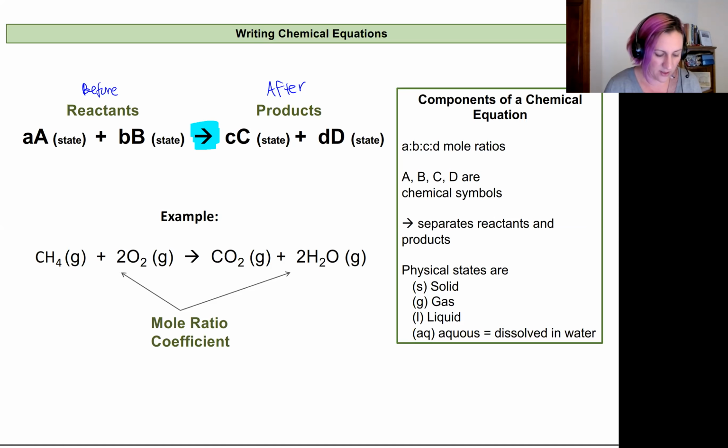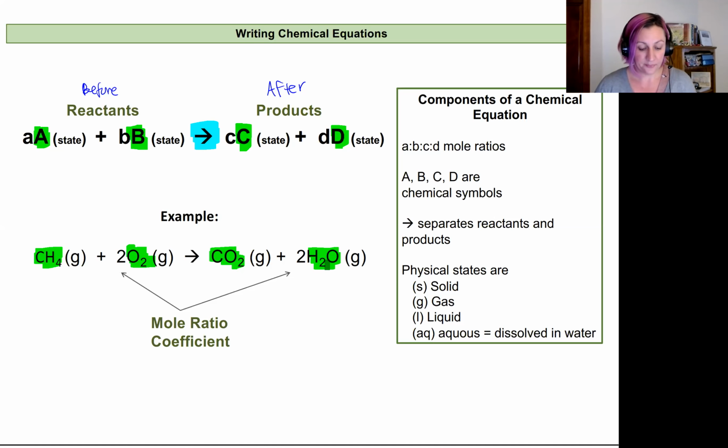And so here, the chemical formulas that I'm using as variables are A, B, C, and D. And now these might be interpreted later on as something like what we have in our example. Methane would be one chemical formula. Oxygen, carbon dioxide, and water would be another chemical formula. That would all kind of be in there.